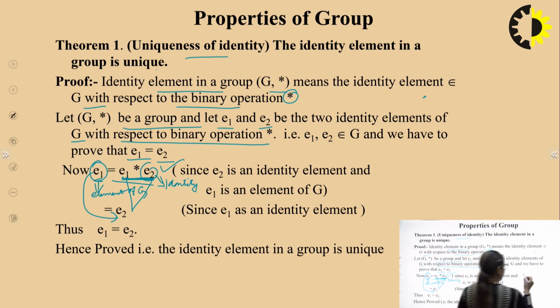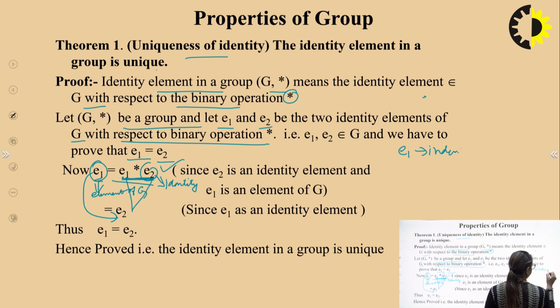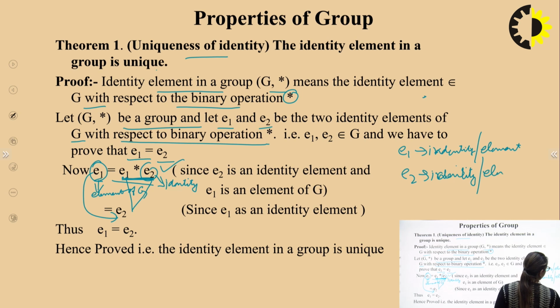Let me explain again. If E1 is an identity element and an element of the group, similarly E2 is also an identity and an element of the group, right? In the first case we take E1 as the element.